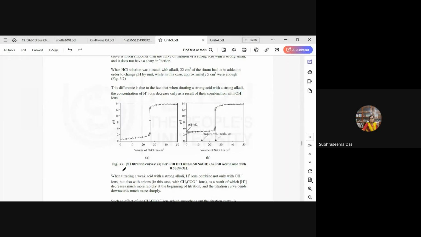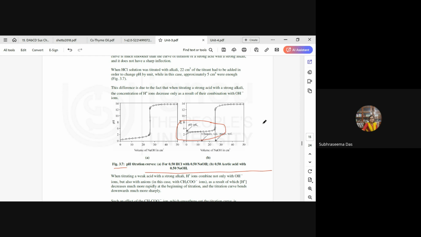In figure 3.7, you can see the pH titration curve when 0.05 molar HCl is titrated with 0.05 molar NaOH. In figure 3.7b, we can see how the change occurs when 0.05 molar acetic acid is titrated with NaOH.